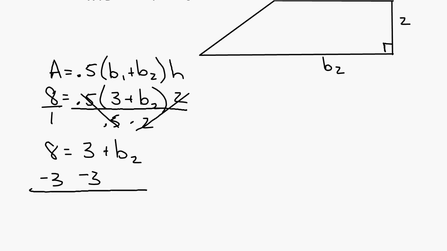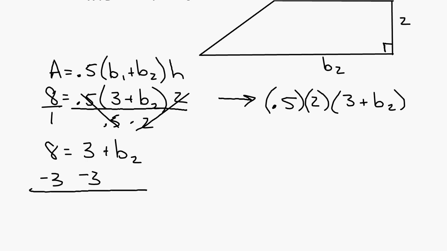So you can always take the 2 numbers on the outside and multiply? Yeah, because you've got a number next to parentheses, and then you've got addition inside the parentheses, and then that quantity times another number. So you can reorder that whole top if you wanted and make it 0.5 times 2 times 3 plus b2.